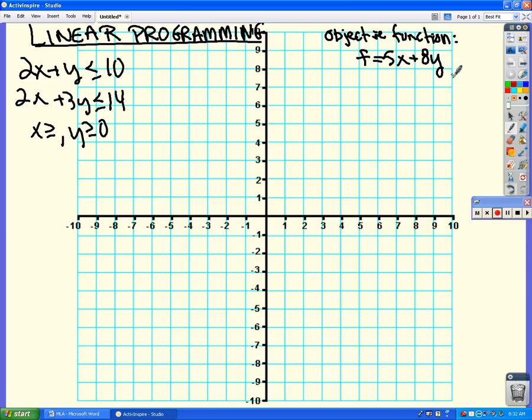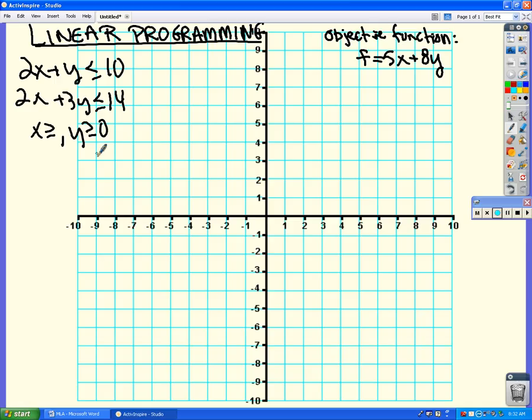So in this case, we want to find some points x and y that satisfy these 1, 2, 3, 4 inequalities. And at the same time, we'll make this right here, that 5x plus 8y, be the biggest or the smallest. Okay? So first thing we have to do is find the points that meet all of these constraints.